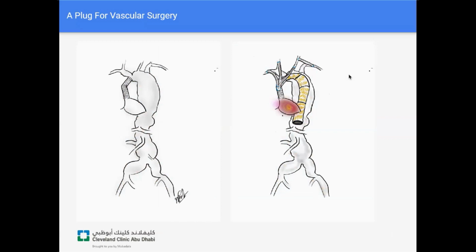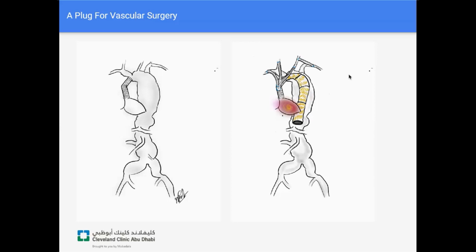In the modern era, we can now offer hybrid repairs or total endovascular repairs that are typically staged to reduce the risk of paraplegia. In this patient, because they had a previous ascending dissection, they had an ascending graft, and I used this to do a debranching of the great vessels, and then place a stent graft down to the celiac.